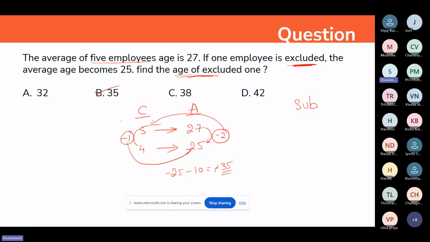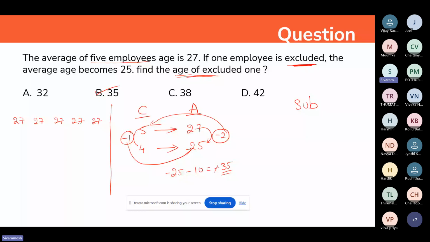Now in a similar way, what about if you consider the actual chocolate method? Let's say 5 members are there, 5 employees. If the 5 employees' average is 27, can I say that each employee has 27, 27, 27 and 27? If everybody has 27 chocolates each, then obviously the average will be 27.